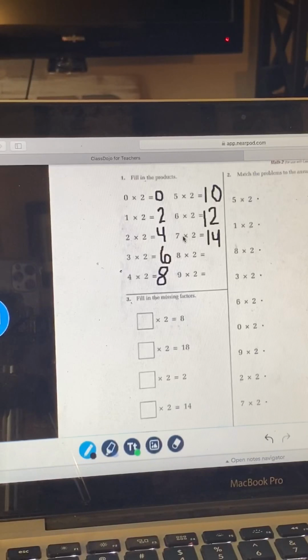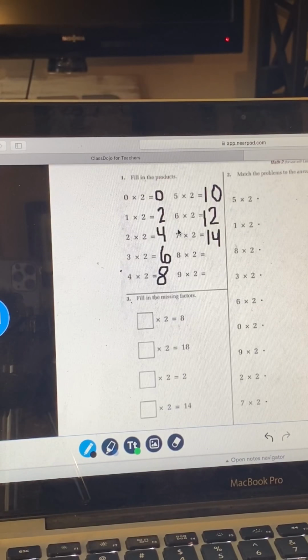Counting by 2s is really like this number is 2 groups, right? So I already know my doubles facts, right? We know our doubles facts. So when I'm getting up into here, I can also go, what's 5 plus 5? 10. What's 6 plus 6? 12. What's 7 plus 7? 14. What's 8 plus 8? 16.